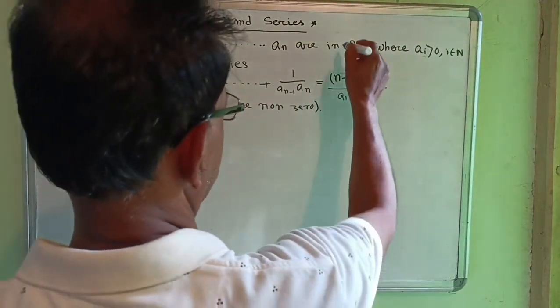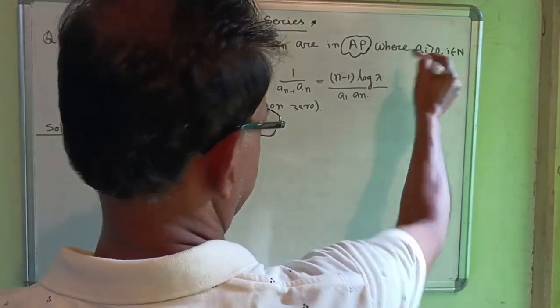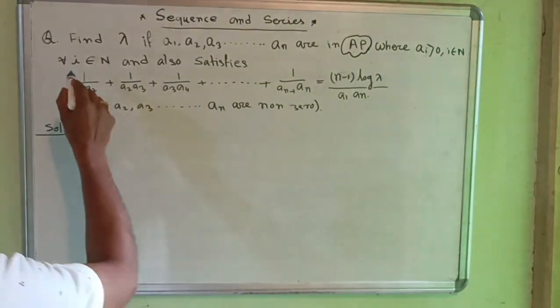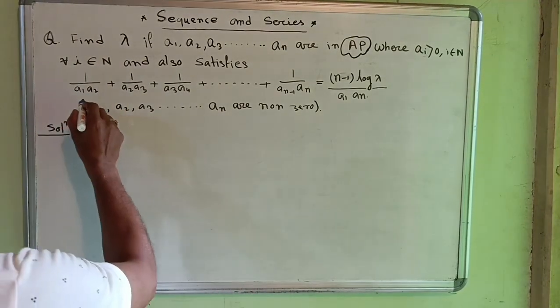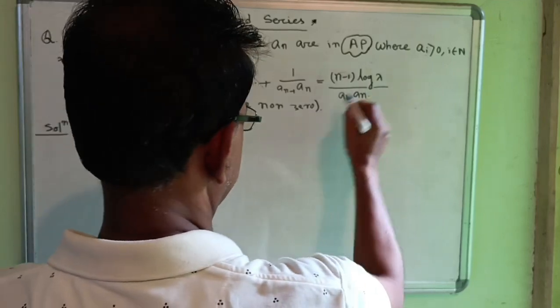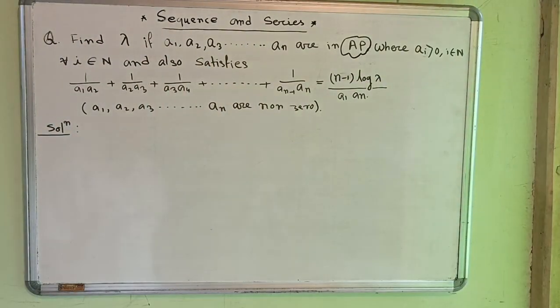Given an AP series where ai is greater than 0, i belongs to n, which also satisfies these conditions, we have to find the value of lambda, where lambda is non-zero.